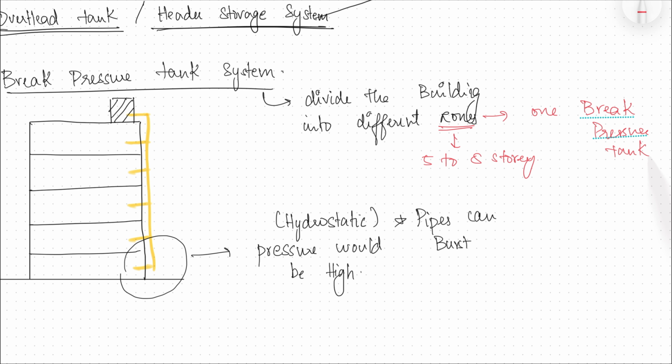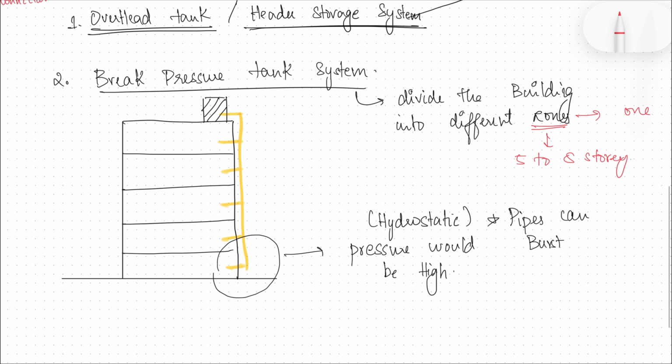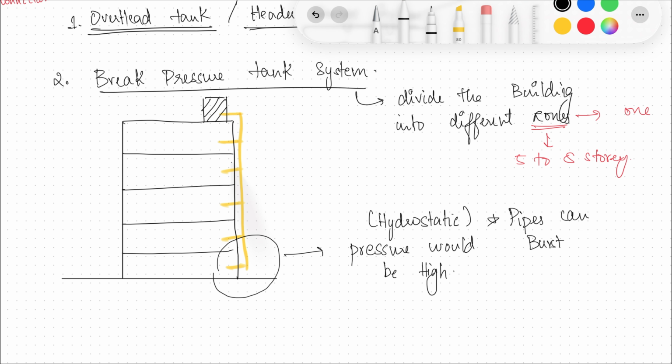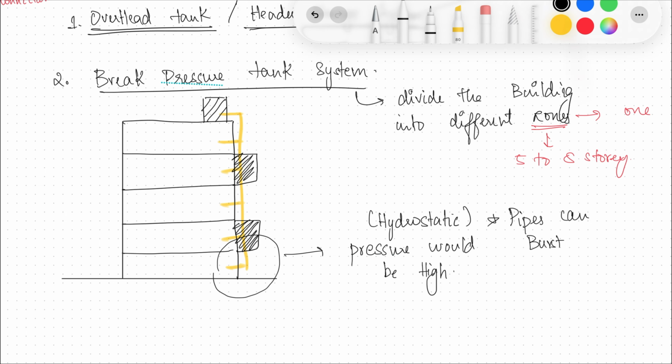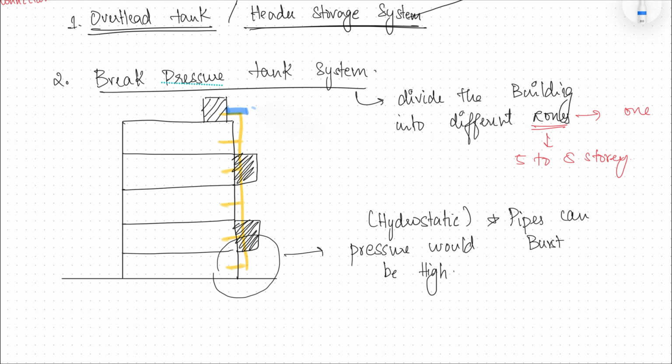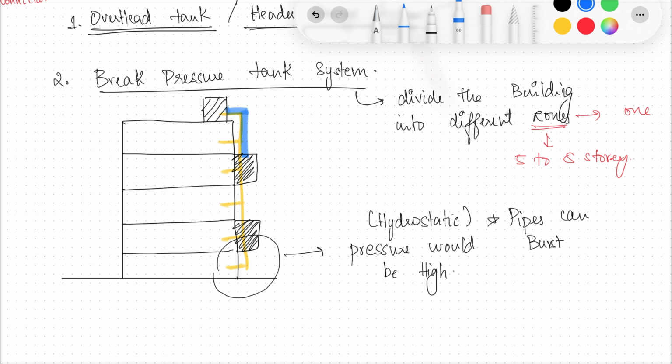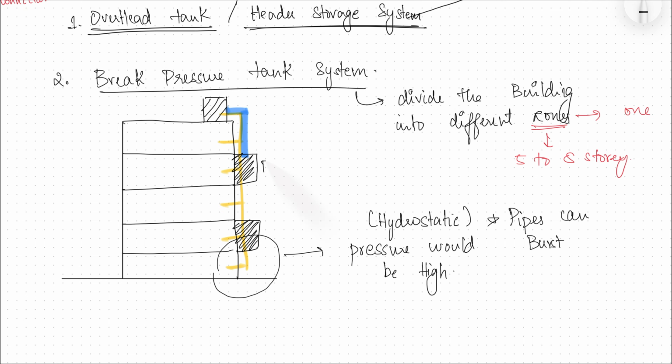Okay, so let us imagine now this is one tank here, and we have another tank here. So when the water flows from the overhead tank towards the brake pressure tank 1, let's rename this as BPT1 and BPT2.